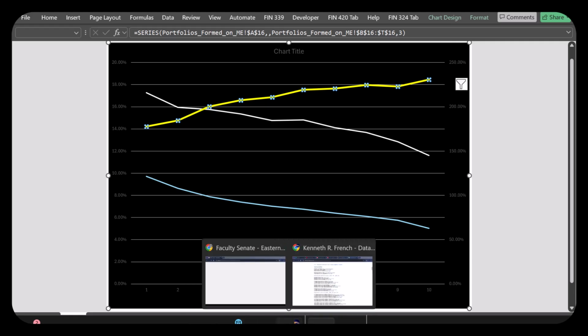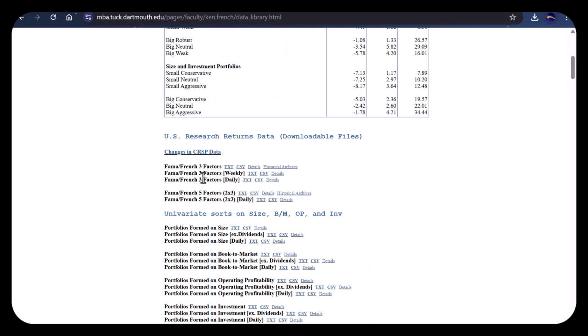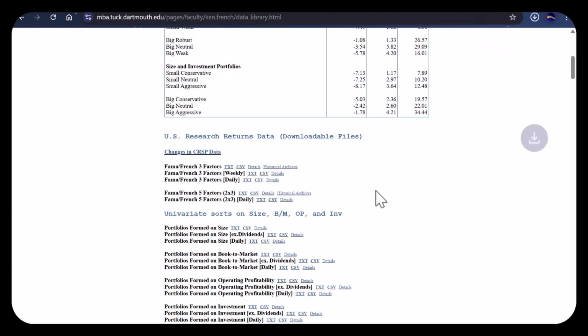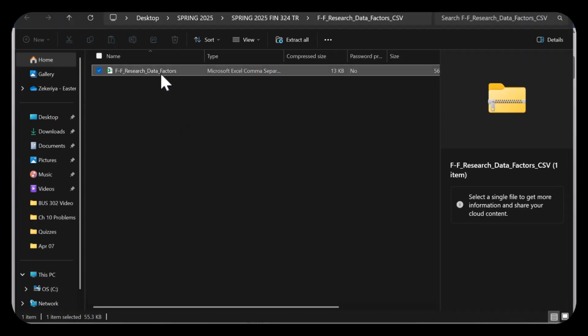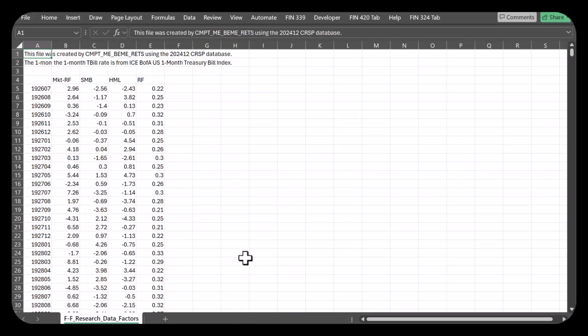Under here, Fama French 3 factors, we can actually get the data for risk-free rate and market. So let's do this.